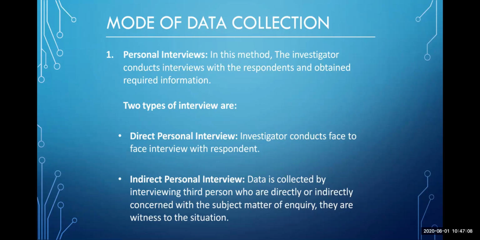Whereas in indirect personal interview, data is collected by interviewing third persons who are directly or indirectly concerned with the subject matter of the inquiry, and they are witness to this situation. So here we are taking the information either directly or indirectly from the third person who is related to the subject matter of the respondent.